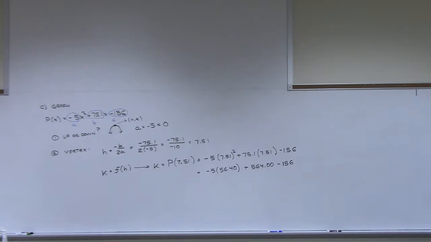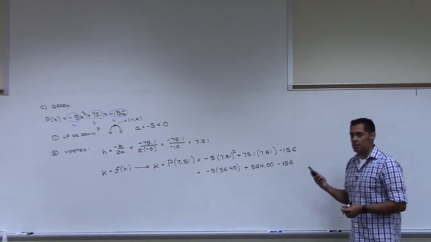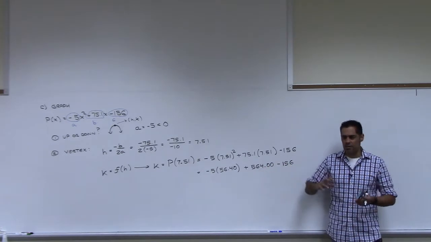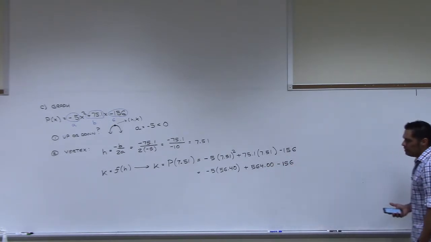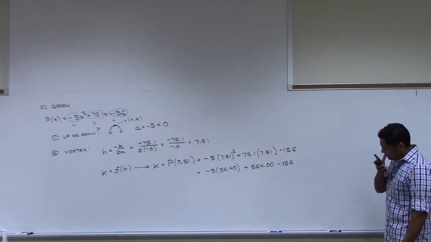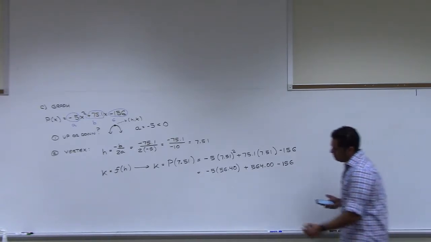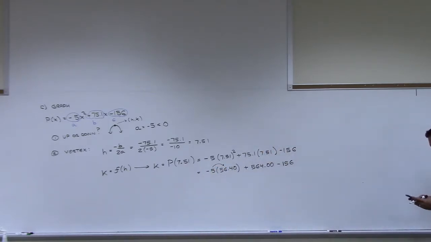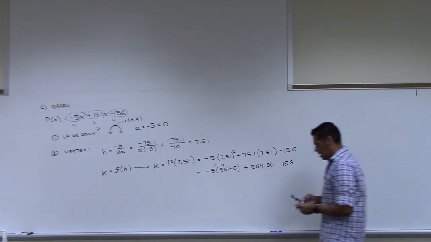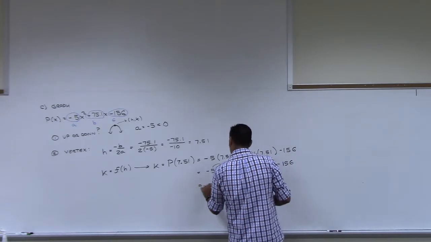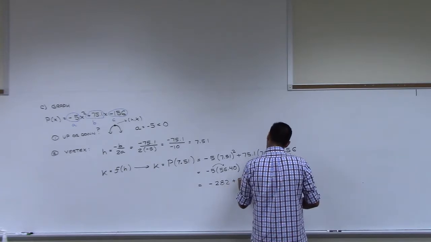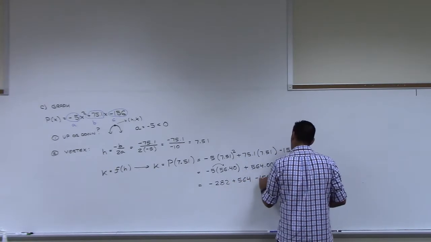I would encourage you, if you have your calculator, to do this also, because you don't want to be doing this for the first time on the test, right? Like the first time you're ever using your calculator to do this. What do I need to do next? I need to multiply this -5 times this, right? So let's do that. -5 times 56.40, I get -282 plus 564 minus 156.